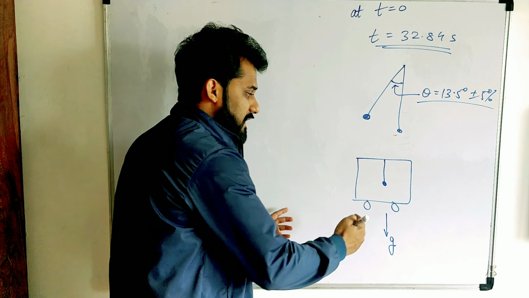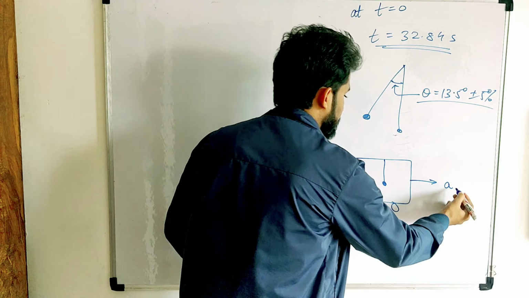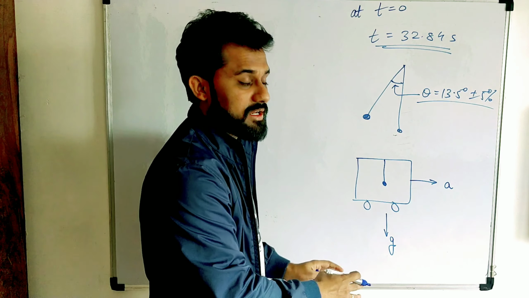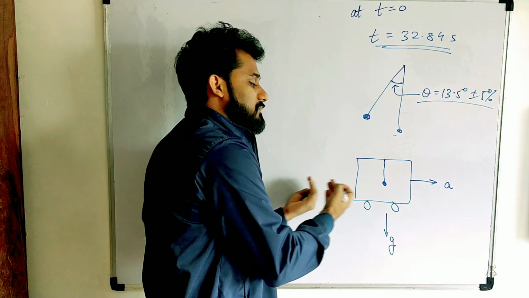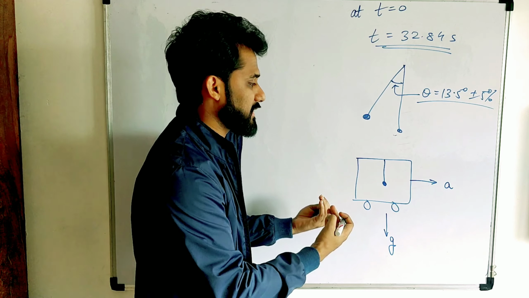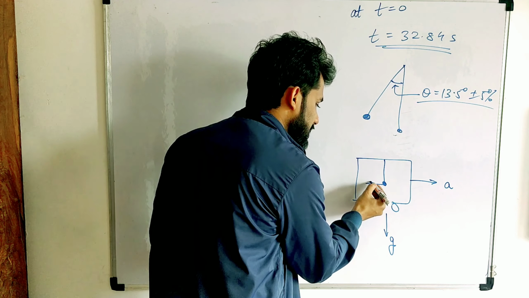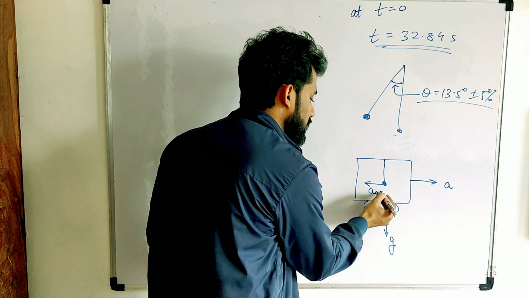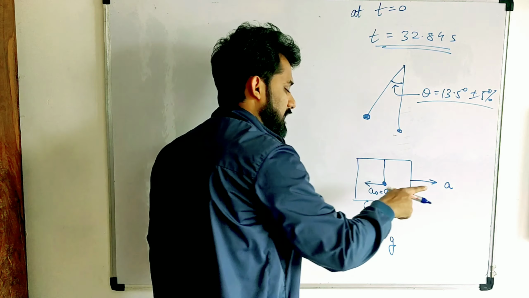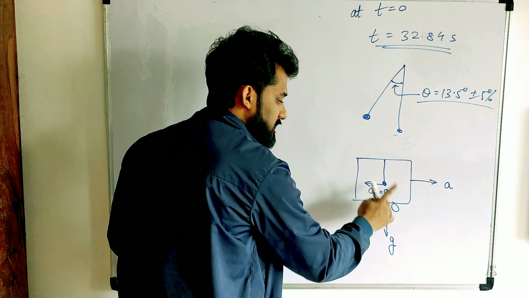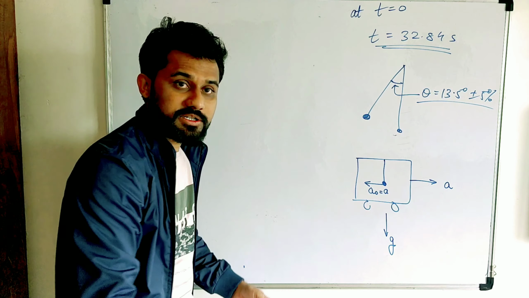But if this vehicle starts accelerating forward, the objects inside the vehicle will experience a backward acceleration called pseudo acceleration because of pseudo force. That pseudo acceleration is always equal to the acceleration of the vehicle. If the vehicle accelerates forward, the pseudo acceleration will be backward with the same value.